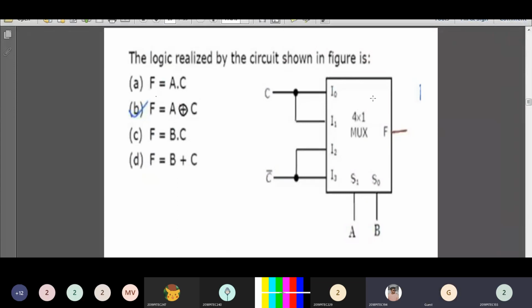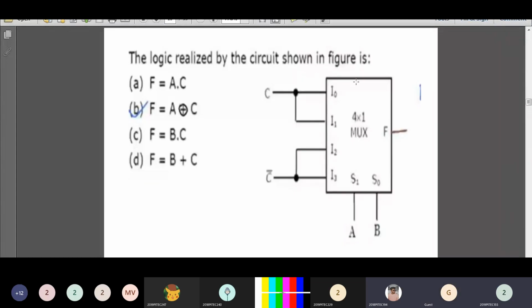As this is a 4 cross 1 mux, you will be having two selection inputs S1, S0, and four input lines I0, I1, I2 and I3. You'll be having only one output line that is named as F. The selection inputs are A and B, and I0 and I1 are connected to C, and I2 and I3 connected to C dash.